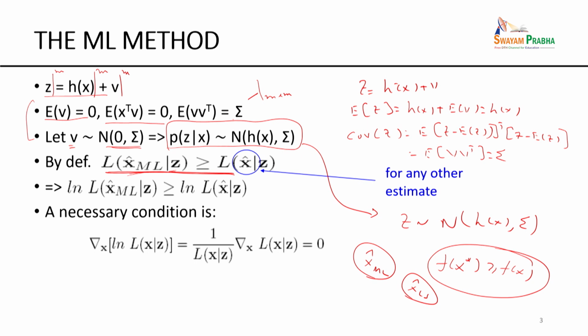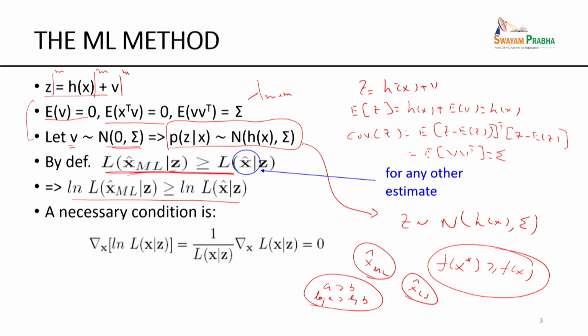So likelihood is simply a probability, so these are non-negative quantities. If A is greater than B, log of A is greater than log of B. We already know that, so I can take the logarithm. That tells you the log of the likelihood at the parameter value corresponding to the maximum is greater than the log of the likelihood at any other point.